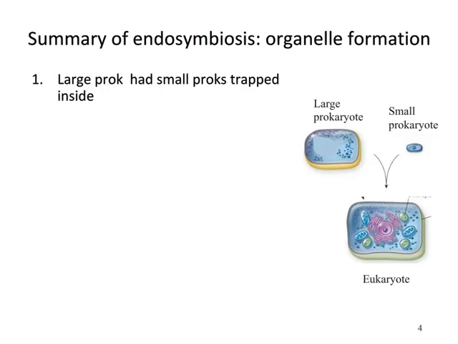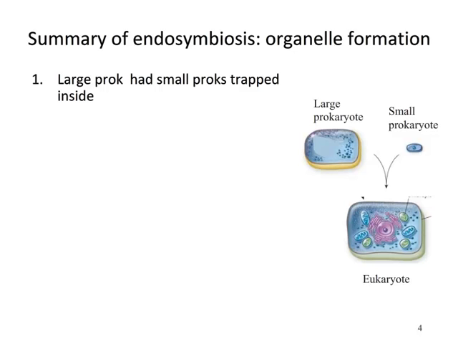Before we begin our 5-step discussion of the theory of endosymbiosis, I wanted to give you a little summary of it. The theory of endosymbiosis says that once upon a time there were large prokaryotic cells that had small prokaryotic cells that got trapped inside of them.